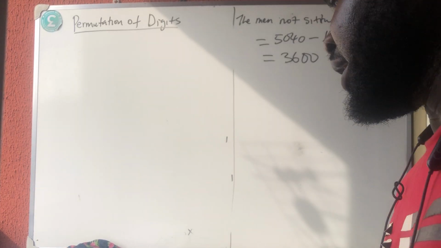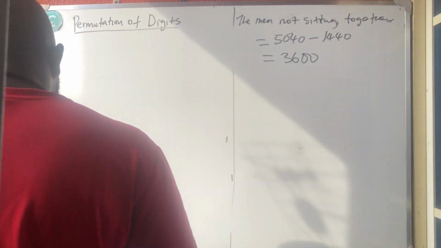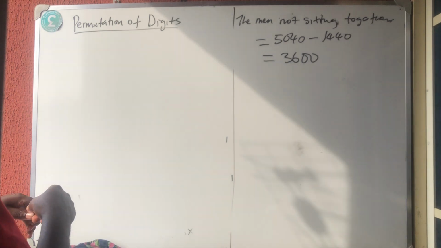All right, so let's continue with permutation. This time around, we'll talk about permutation of digits.